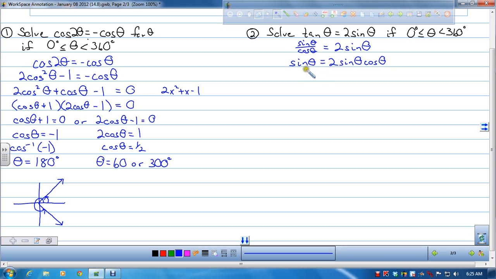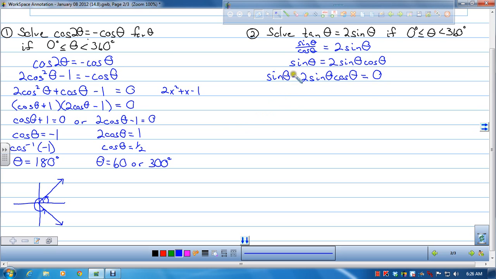So let's go ahead here, and I'm going to subtract this whole side over to the left. So I'm going to end up on the left-hand side of this equation with sine of theta minus 2 sine theta cosine theta. And that's going to now be equal to 0.